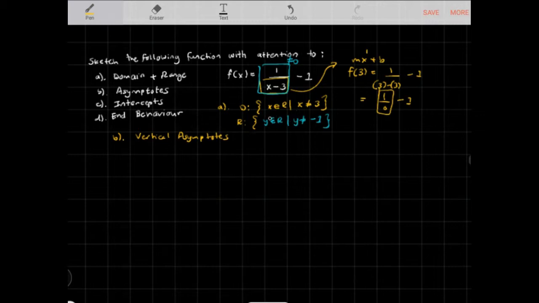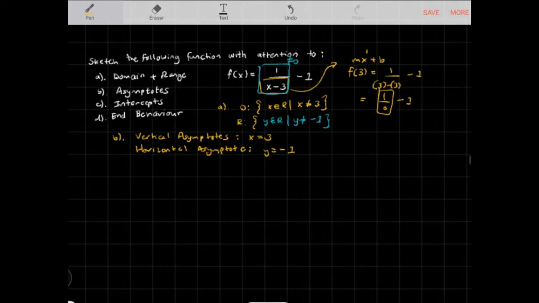So the vertical asymptote in this case is x is equal to 3. The horizontal asymptote in this case is the restriction on the range, which is basically y is equal to -1. So that's what you want to try to understand.